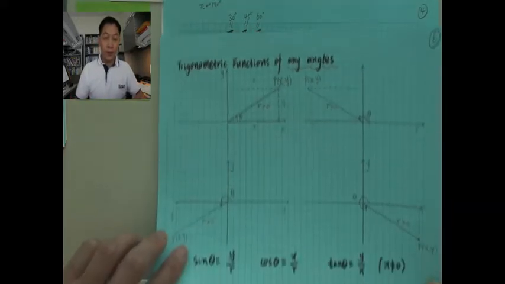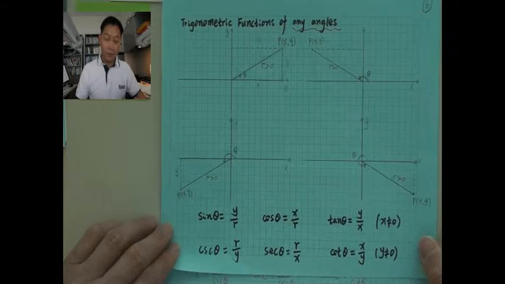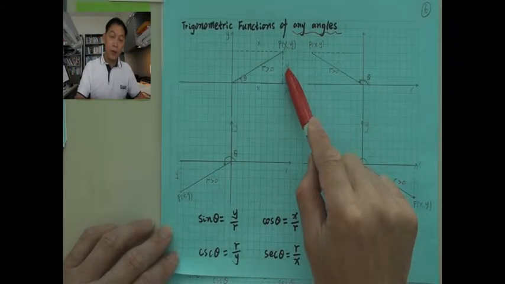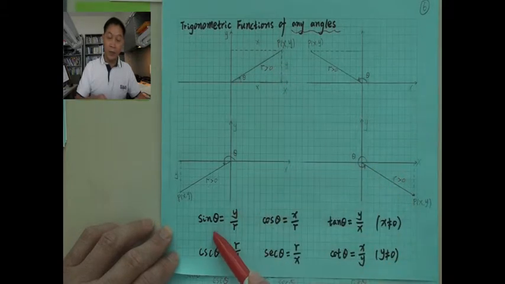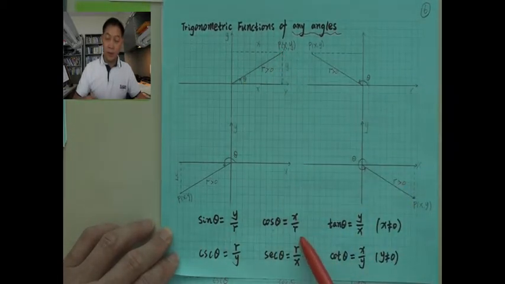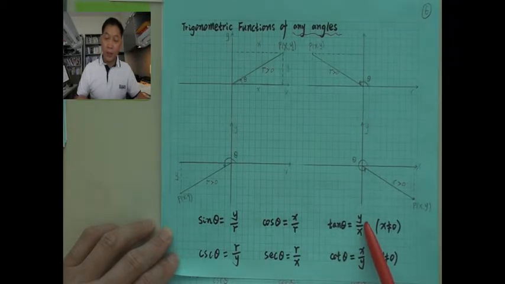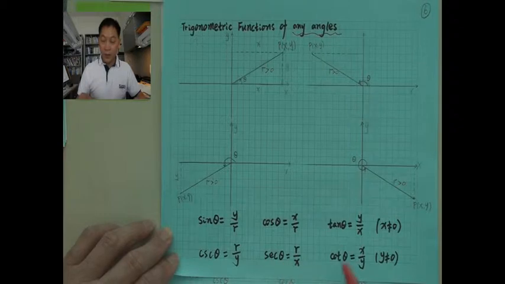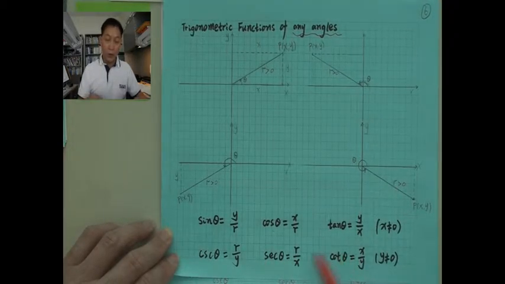Here is what we got. Y over r is sine, cosine is x over r, and tangent is y over x. The rest of the three are just the reciprocals of the above.